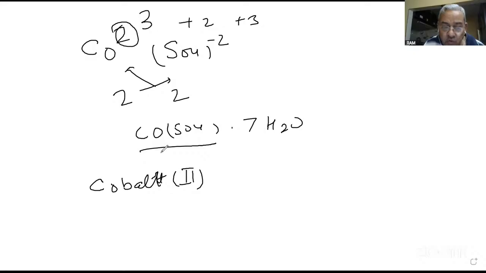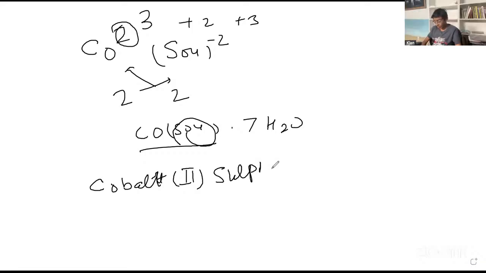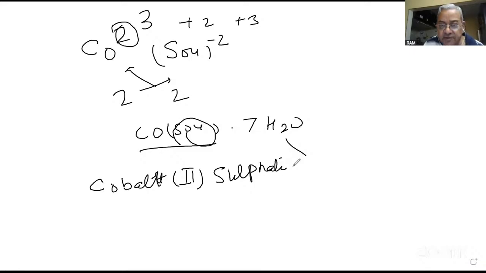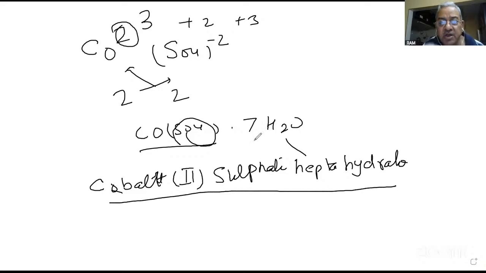So it is cobalt(II) sulfate heptahydrate. If suppose here it is cobalt 3, then the name will change.